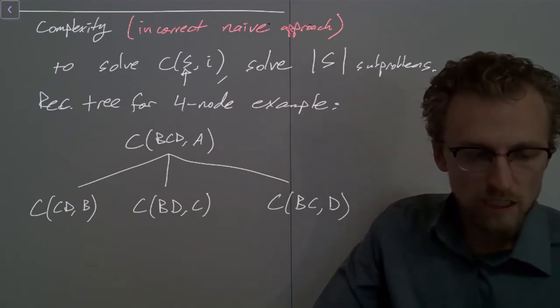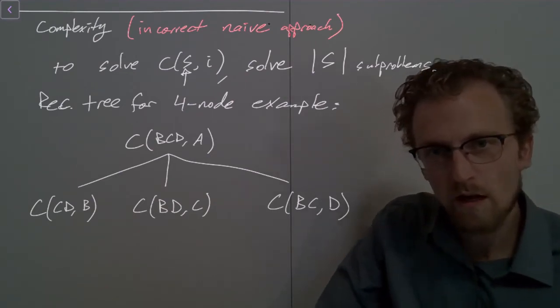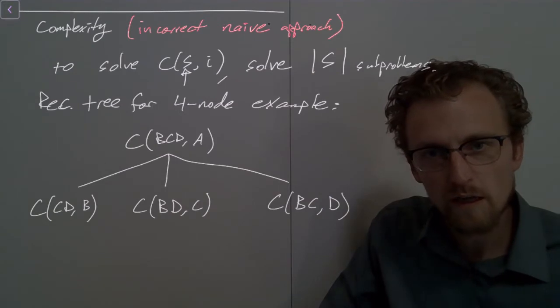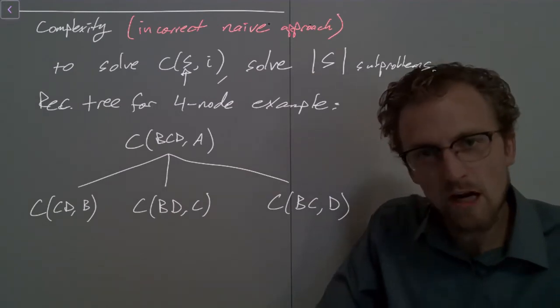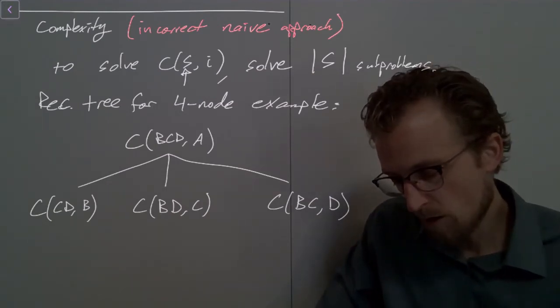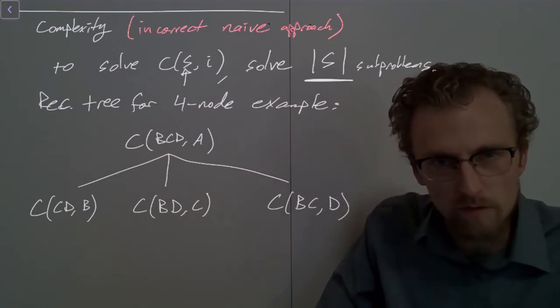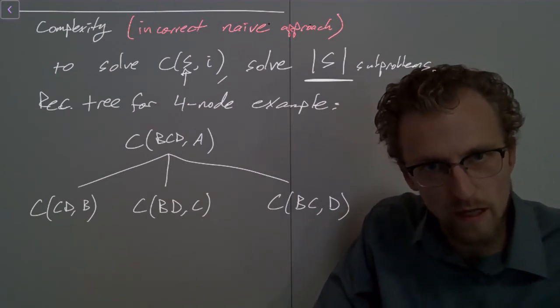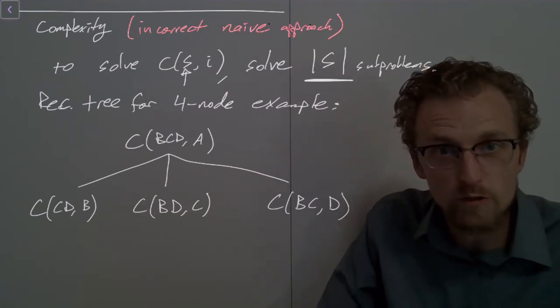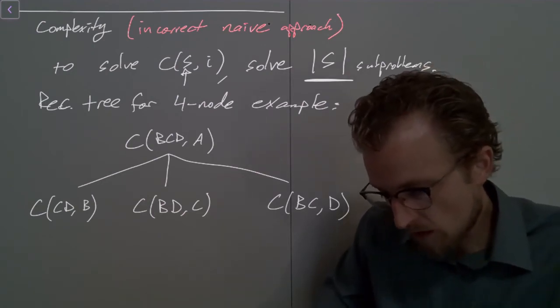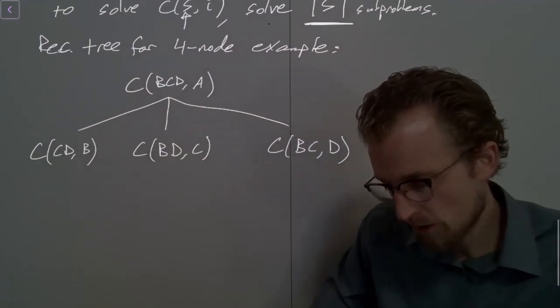So now let's think about what each of these look like. Our recursion tree is just split into 3. What we just said is that every time we recurse, we have to solve as many subproblems as there are nodes in our set description here, as many nodes as there are intermediate nodes in our paths. And so each of these 3 is going to split into 2.